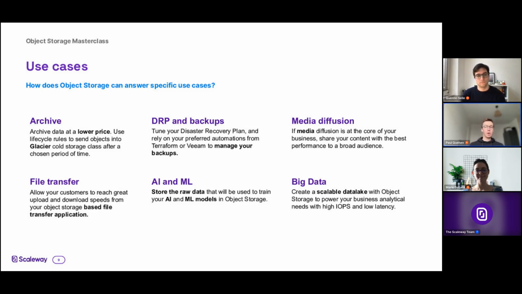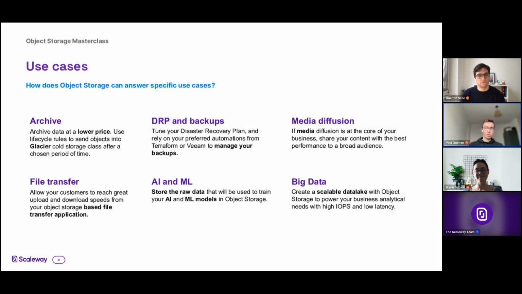You can also use object storage for DRP and backups. DRP stands for Disaster Recovery Plan. So to ensure a recovery of your infrastructure, you can store your backups into object storage. And we will come back to this use case at the end of the presentation with a dedicated slide.